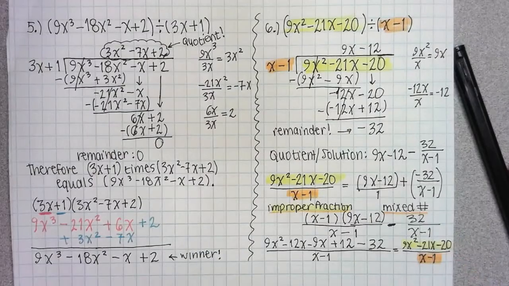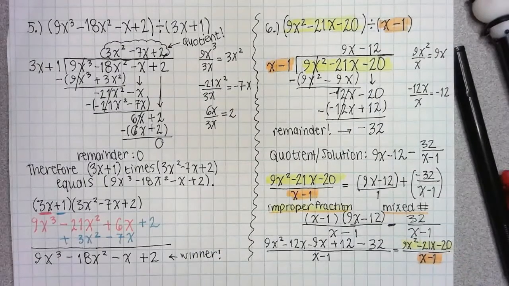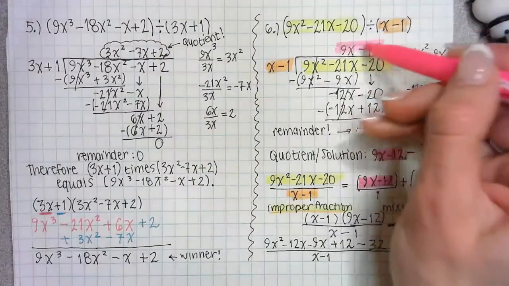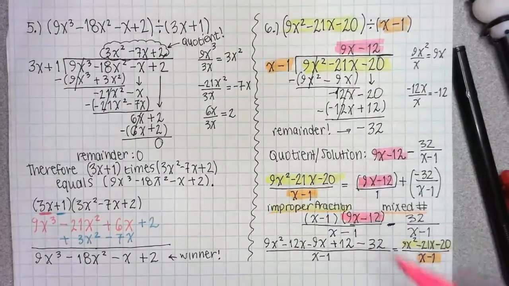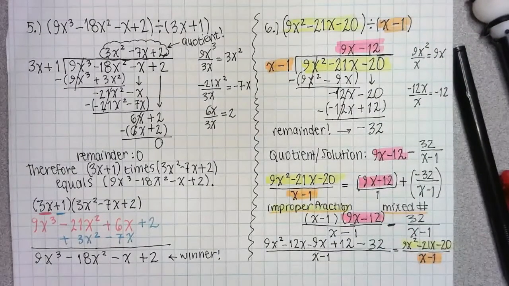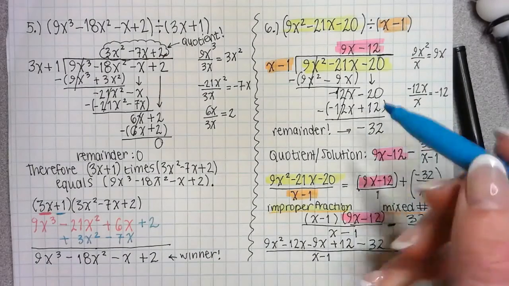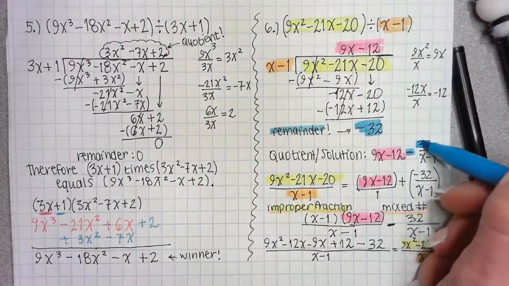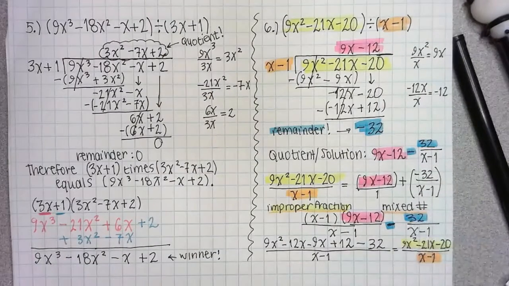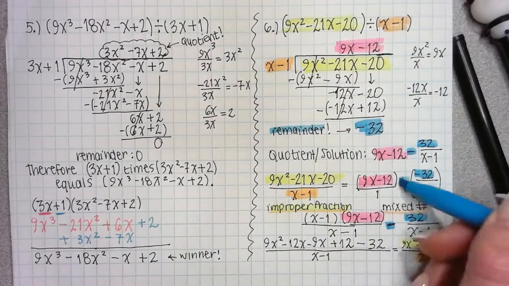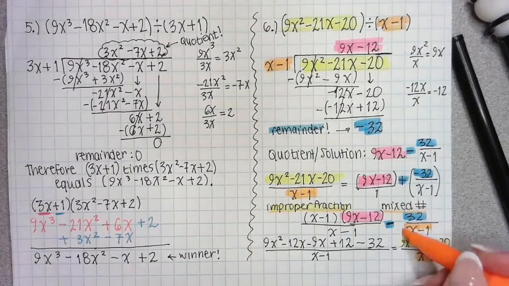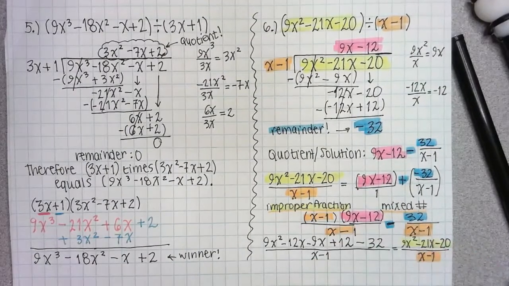But we also had our mixed number, which is there and there. And we have our remainder, still over here. Put a little highlight on the plus. And last but not least, the x minus 1 we were dividing by is still right over there, and it went over here, and it's over there.